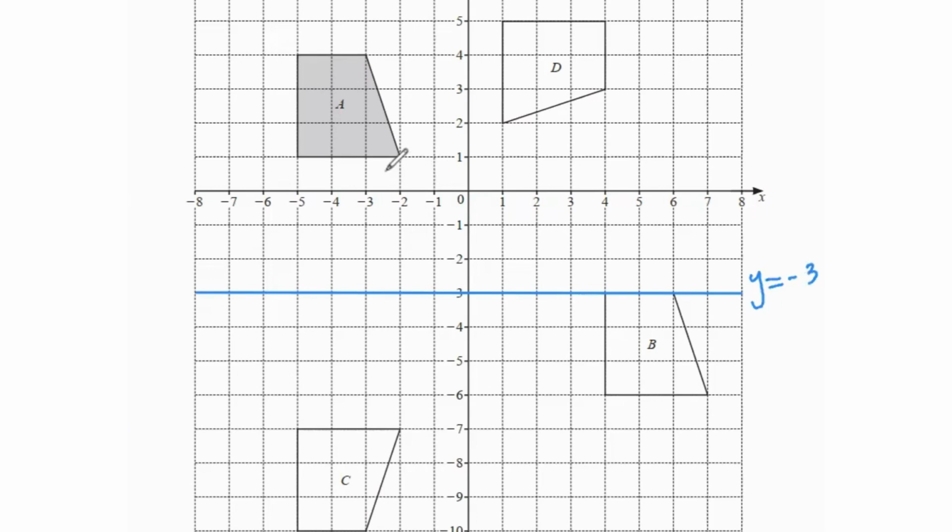Because if we count the points between this and this, it's 1, 2, 3, 4, 5, 6, 7, 8. So the mirror line will be exactly in between these 8 units, which is over here at y equals -3. So quadrilateral A to quadrilateral C is a reflection in the line y equals -3.